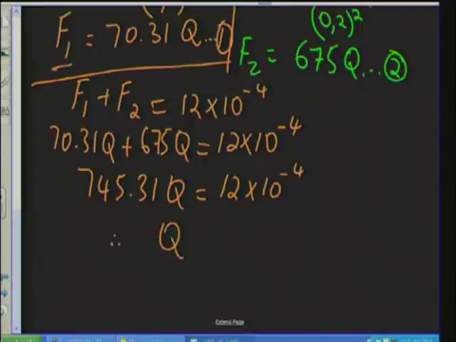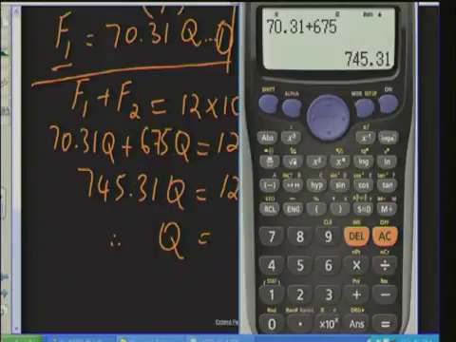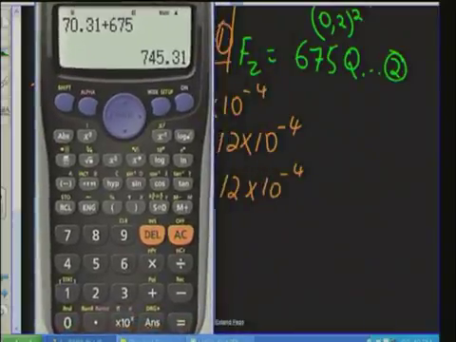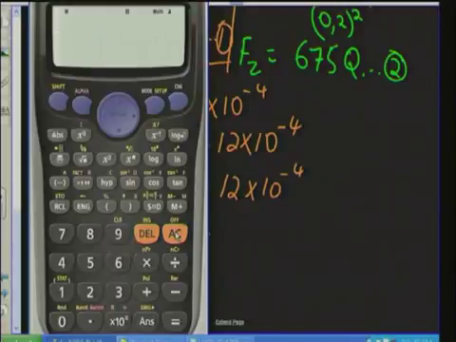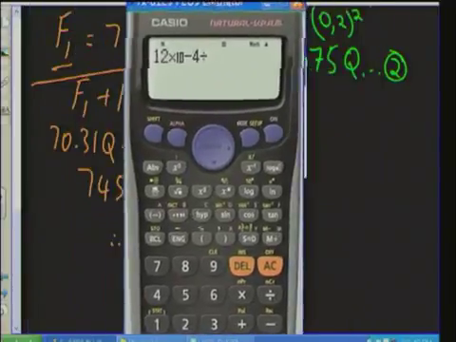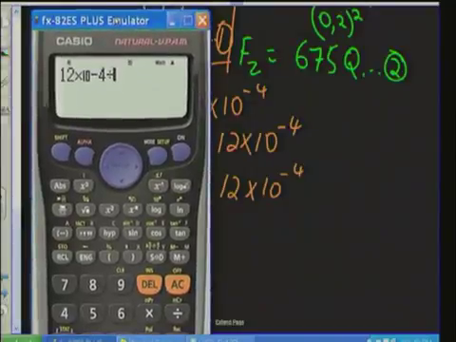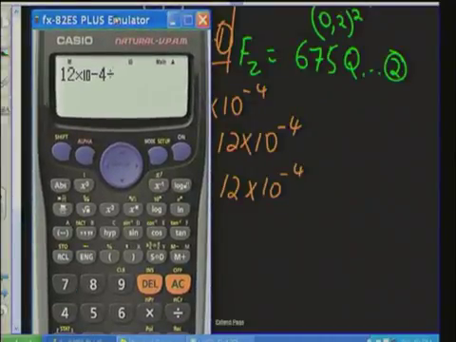Therefore, Q equals 12 by 10 to the power minus 4, divided by the other value, 745.31.